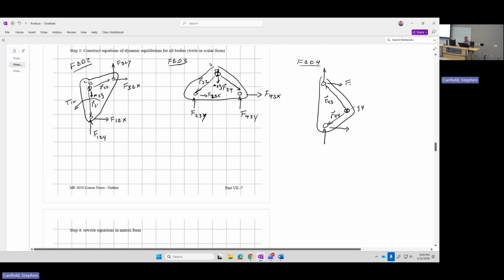I'll call this the force of 3 on 4 in the x and force of 3 on 4 in the y. Notice I'm looking at the force acting on the body, and this is force of 1 on 4 in the x here and 1 on 4 in the y. Okay. I got my mass times gravity, mass of 4 times gravity.